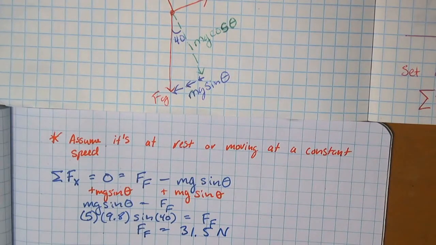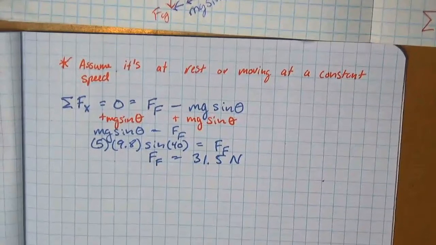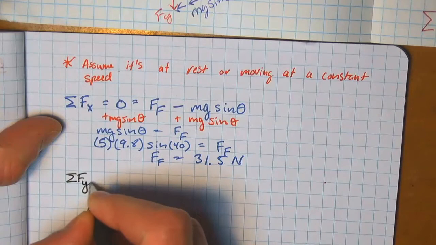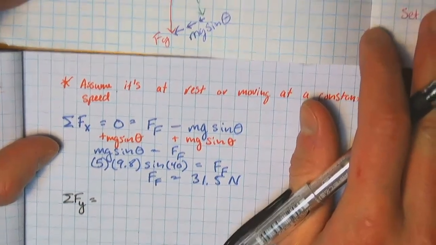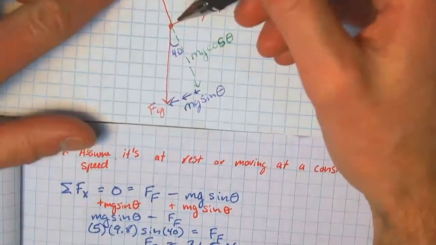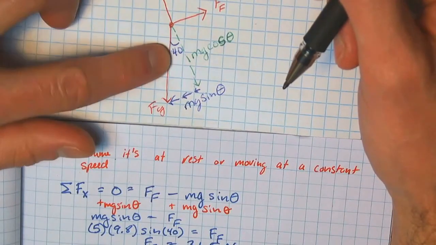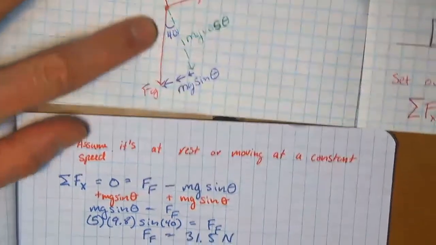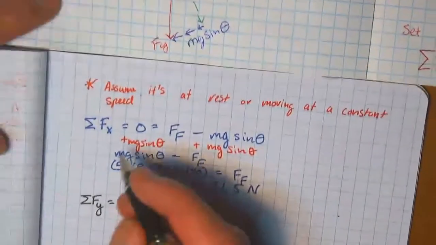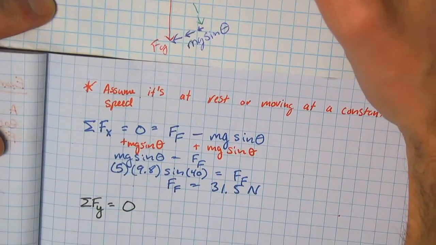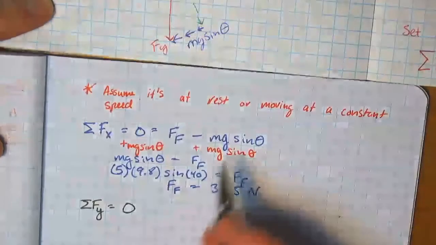If we wanted to then figure out what the y direction is doing, then we just sum our forces in the y direction. Our y direction is now in this direction. So that's going to be normal force, which is up, and mg cosine theta, which is down. Again, the block is not accelerating in any direction, but specifically not in the y direction, not up and down.